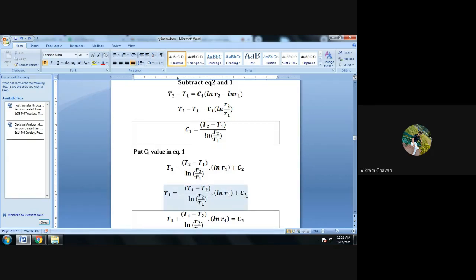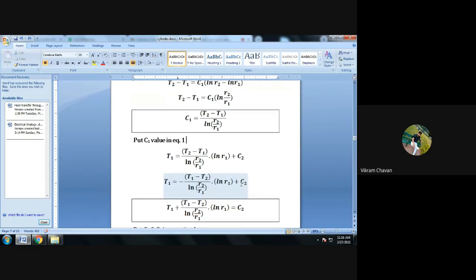Now we want to determine the equation for the value of C2. For that purpose, we have to convert this equation into the form of C2. So we have to shift this particular term to the left hand side, then only will we get the equation in the form of C2.